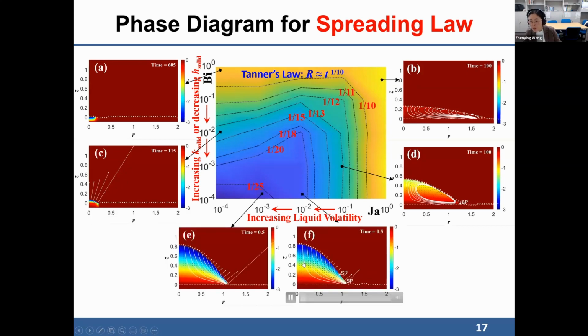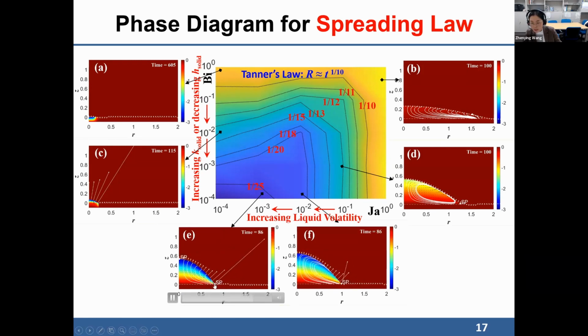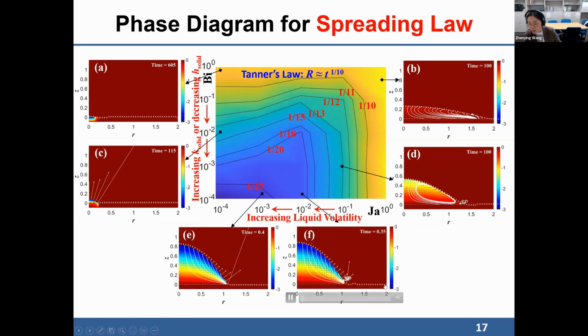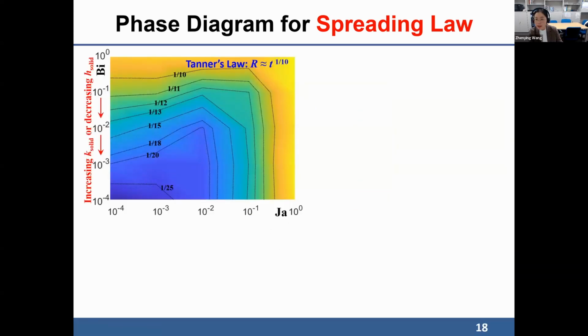If we increase both further, the preferential evaporation near the contact line becomes very strong. Along with the evaporation cooling effect, the thermal Marangoni flow also becomes very strong, which reverses the direction of the flow at the droplet surface. So this is the phase diagram for the spreading law.